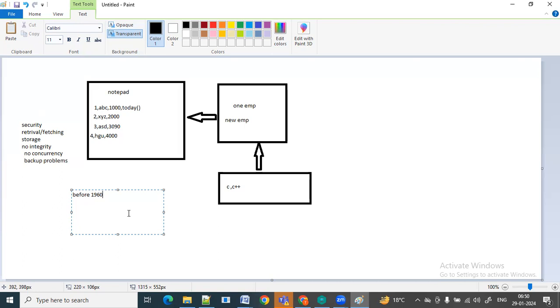So the moment I say database, database will have security, retrieval, storage, integrity, concurrency, and backup also will be there. You can take any kind of database. I'm not talking about only a particular database. No, I'm talking about a general database. You will have all those features that we are considering as advantages over before 1960, right?